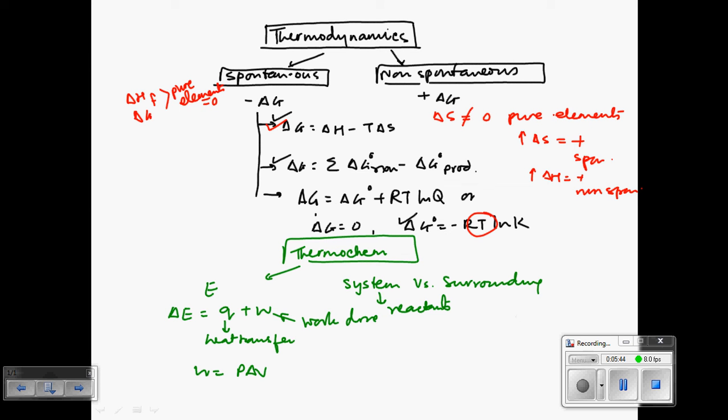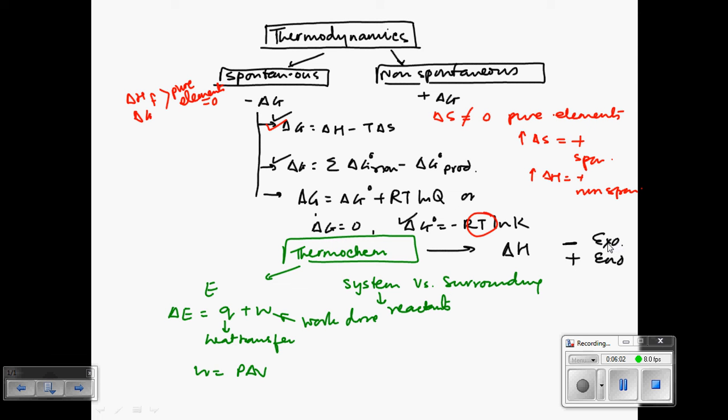The other major concept in thermochem is enthalpy, and generally we can only measure changes in enthalpy. Negative changes in enthalpy are associated with exothermic reactions. Positive is endothermic. Exothermic reactions tend to be spontaneous.